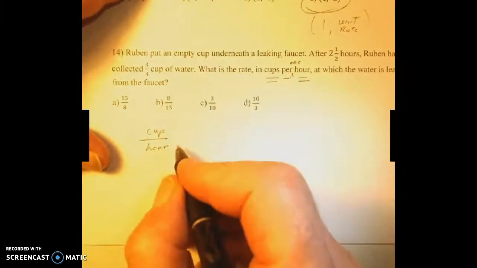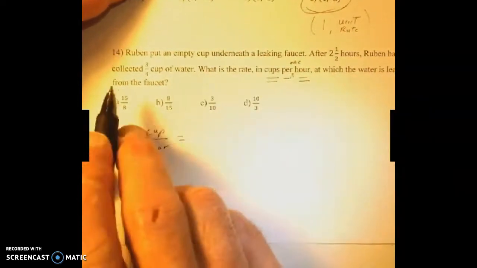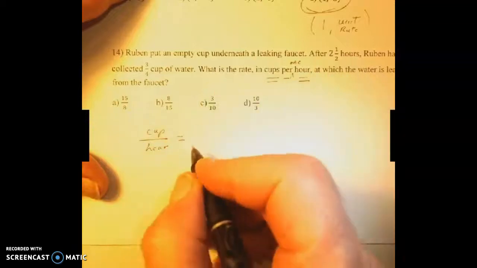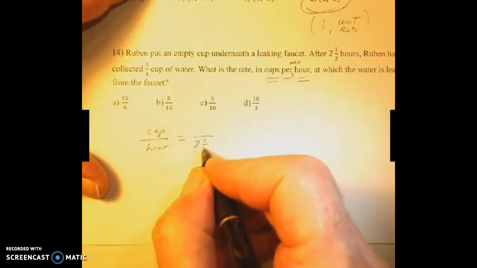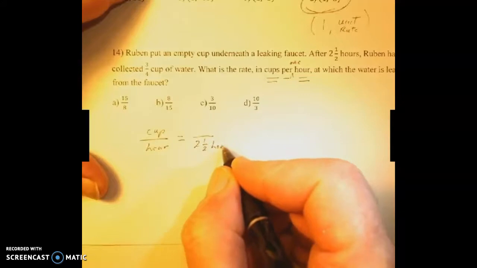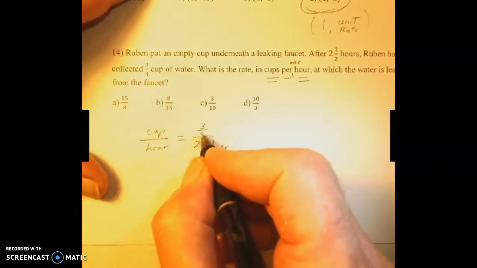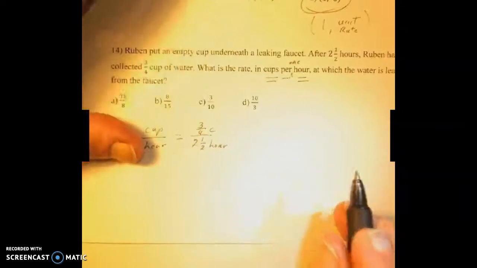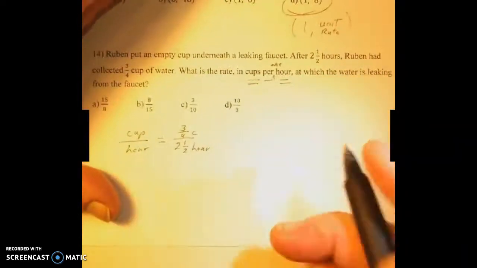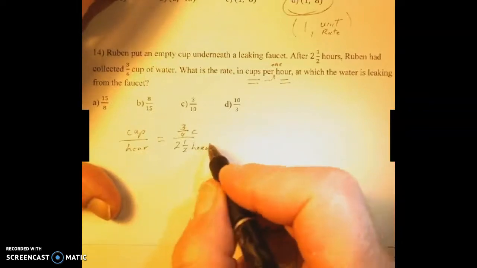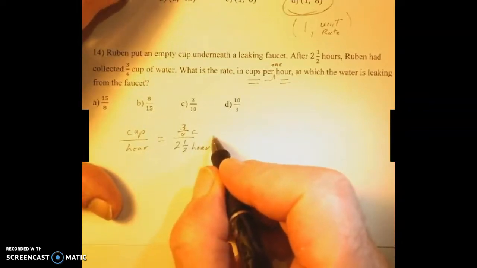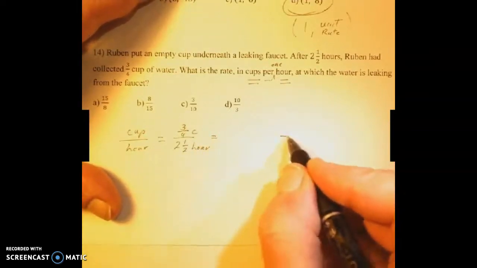Time is normally the independent variable. So in this problem, 2.5 hours is the time that we know, and in that time, 3/4 of a cup of water is collected. And so we need to make this into 1 hour.